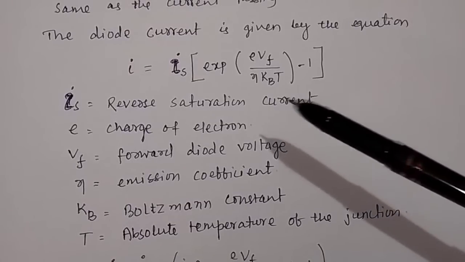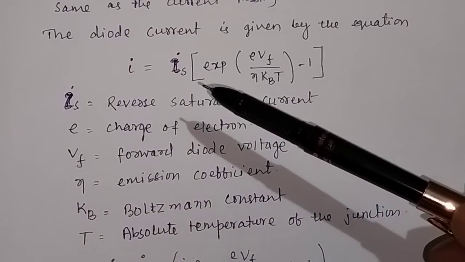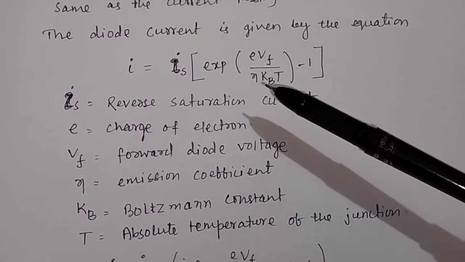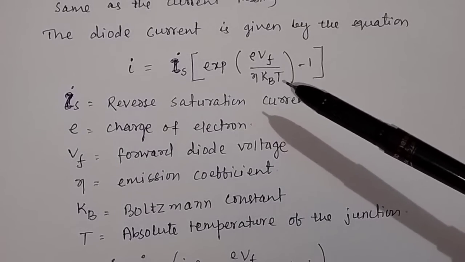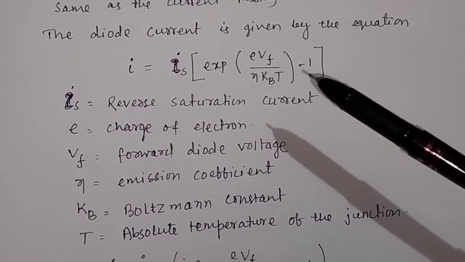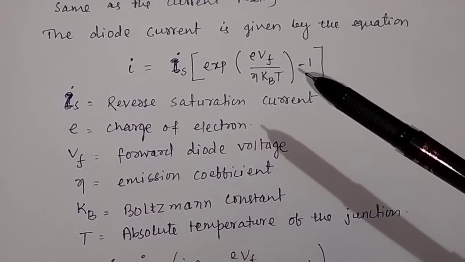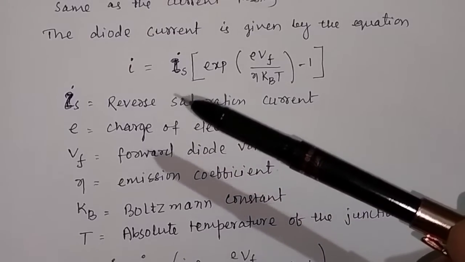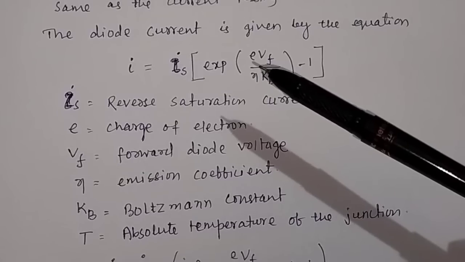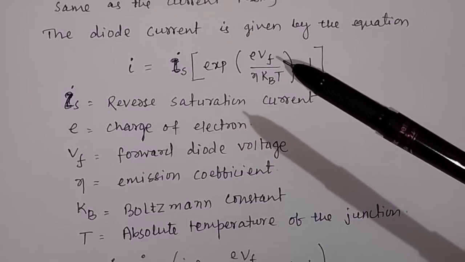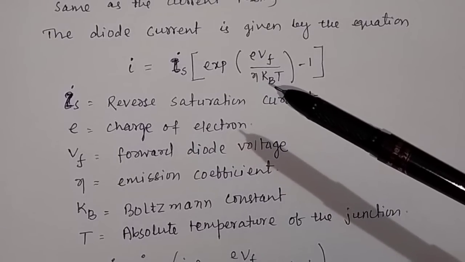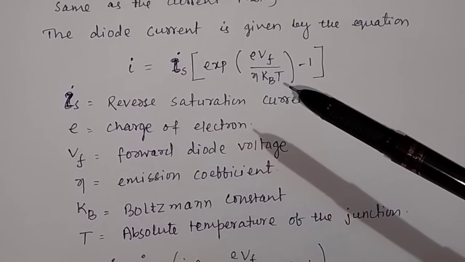The diode current is given by the equation I equal to Is into exponential of E Vf divided by eta Kb T, minus 1. I have discussed this expression in the previous video about the diode current, where Is is the reverse saturation current, E is the charge of the electron, Vf is the forward diode voltage, eta is the emission coefficient, Kb is the Boltzmann constant, and T is the absolute temperature.